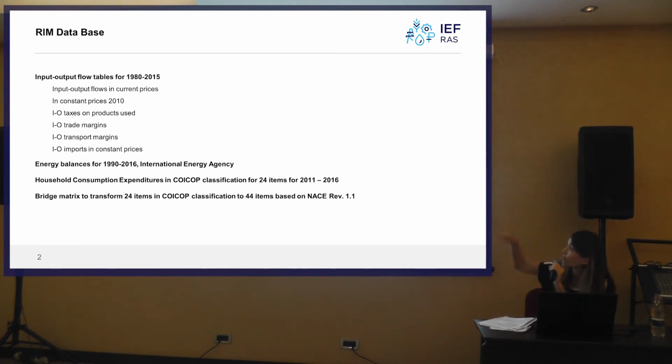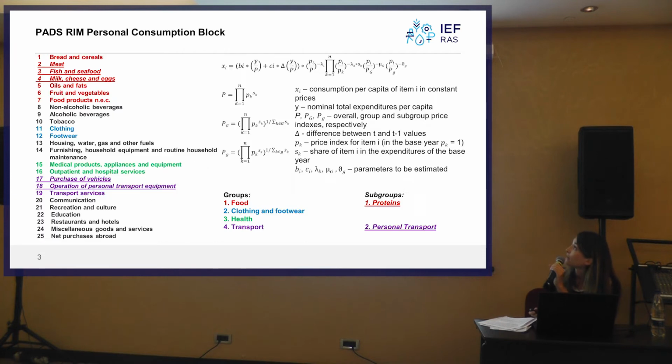It depends on the product of an additive part containing the real expenditures per capita and its change, and the product of relative prices raised to a degree, namely E-item price related to overall price index, E-item price related to all the other items' prices, and to its group price and subgroup price.